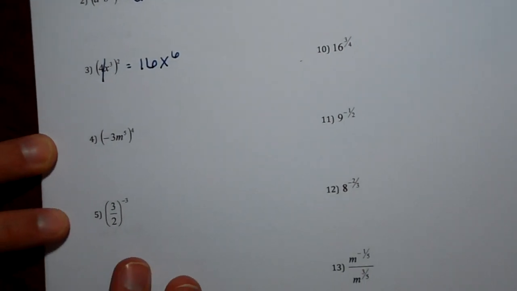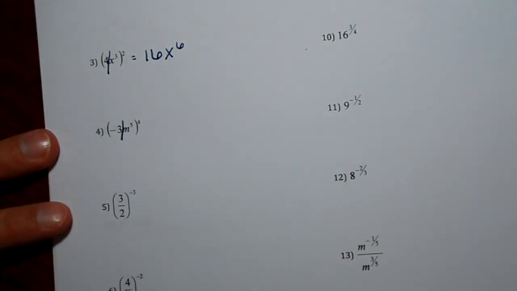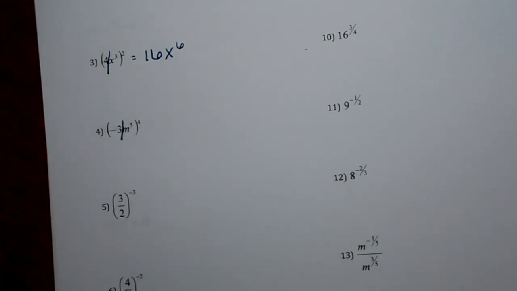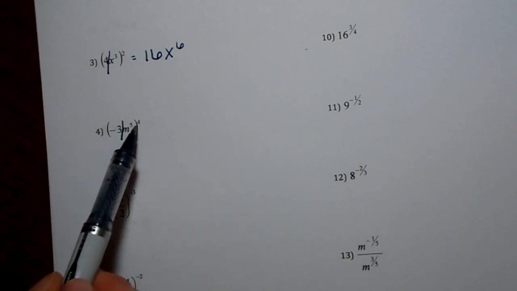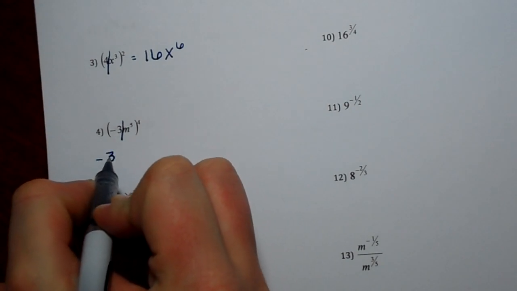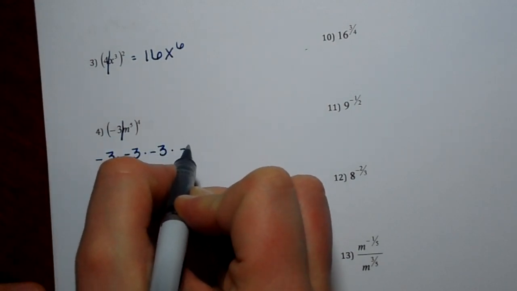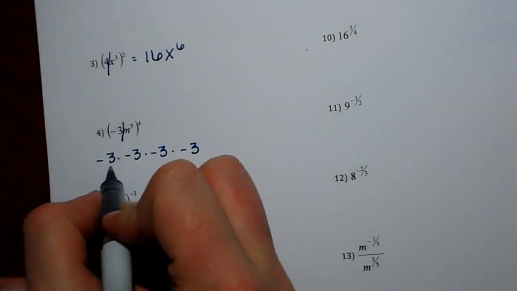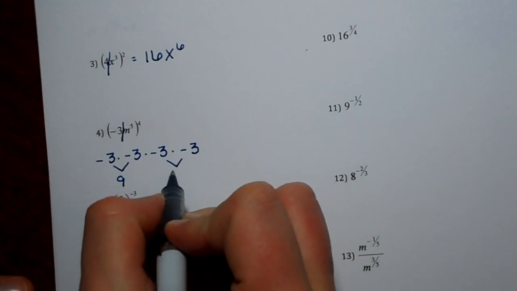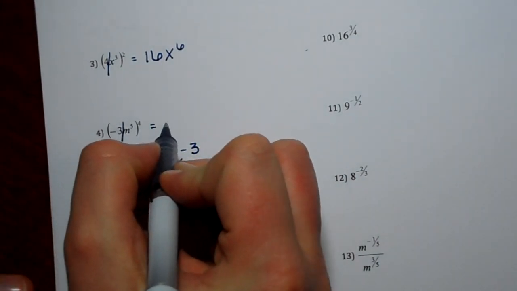Question 4 uses a similar method. This time I'm raising to the power of 4, and I have a negative 3 and an m to the 5th. And remember, those will work differently. So when I go to do negative 3 to the power of 4, remember that's like negative 3 times negative 3 times negative 3 times negative 3. And I would approach this by multiplying 2 negative 3's together to make 9, and then these 2 negative 3's together to make 9, and 9 times 9 is 81.